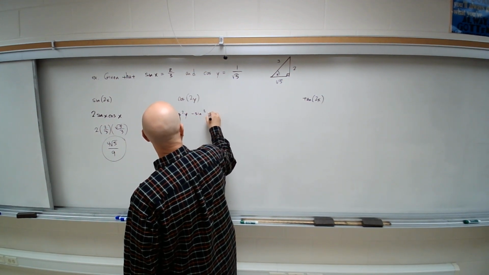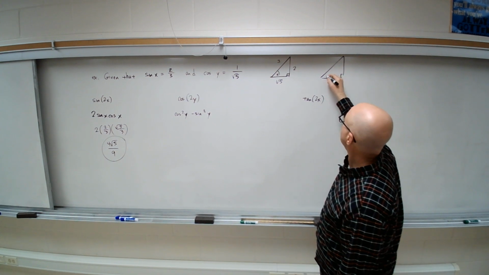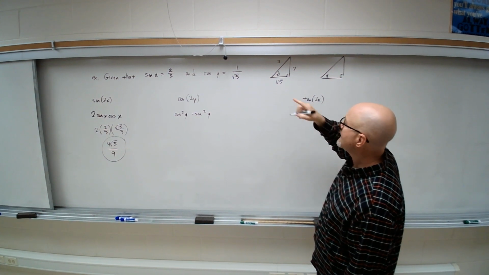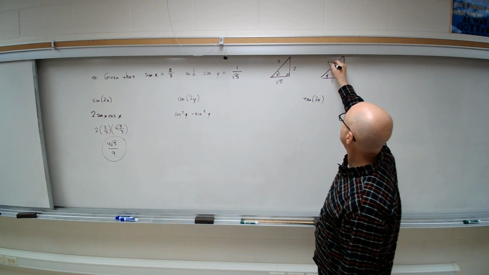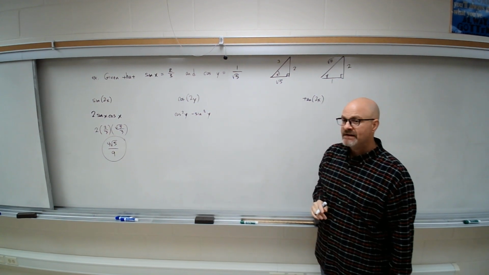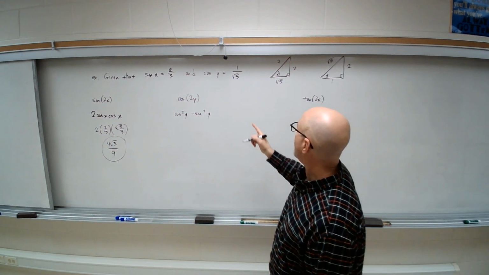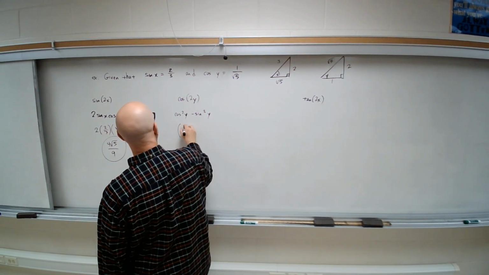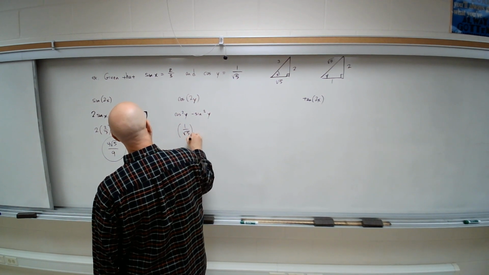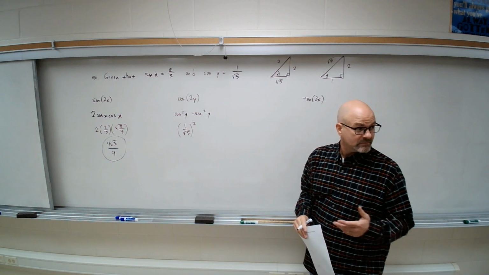Here's our right triangle. There's our angle y. If the cosine is 1 over radical 5, I think we know that the opposite side would be 2. So for this one, the cosine of y, which we already knew, is 1 over radical 5 squared, which is great when you get to square a radical.